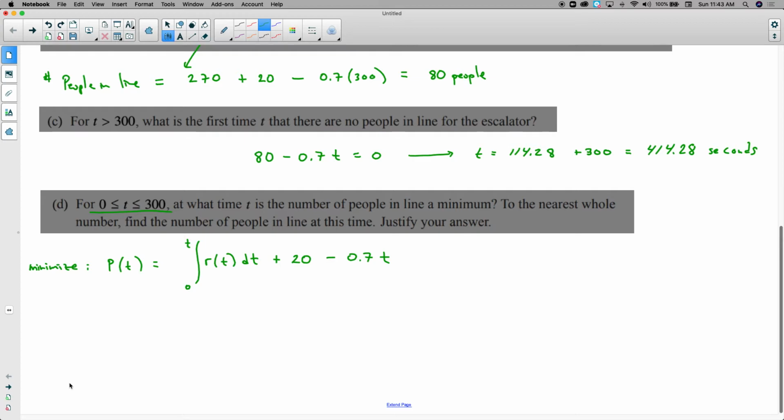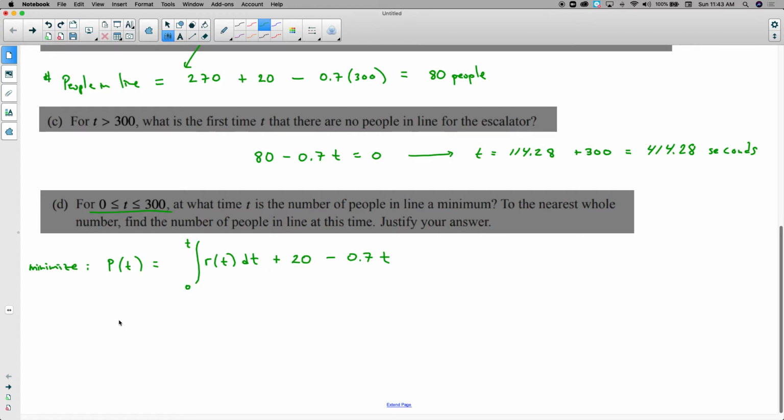Maybe it's the least amount of people, or maybe it's the greatest amount of people. And then we could test those by just dropping them into this very people calculator and see which one is less than the others. And then I guess there is also the argument of checking the extremes. Like maybe the least number of people in line ever is the 20 people who start there, and we'll know that when we drop in our values.